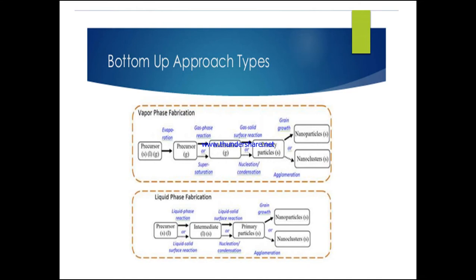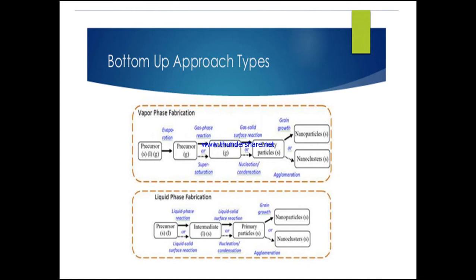In the vapor phase formation, we have evaporation, gas phase reaction, and gas to solid surface reaction. Here we come across supersaturation, nucleation and condensation, as well as agglomeration and grain growth, which lead to the synthesis of the nanomaterials. That is the material which converts to vapor, and that vapor is converted to the solid state by condensation, nucleation, or grain growth.